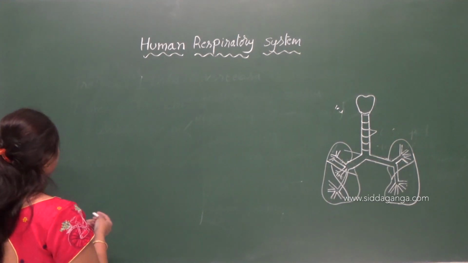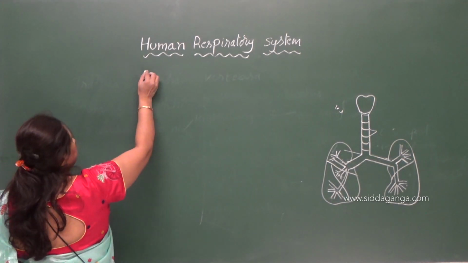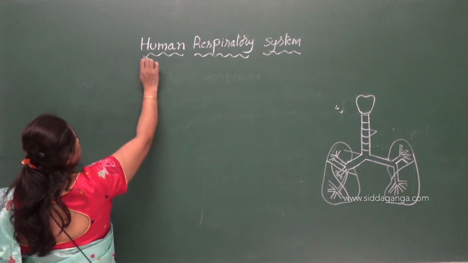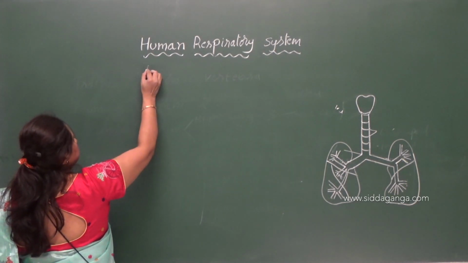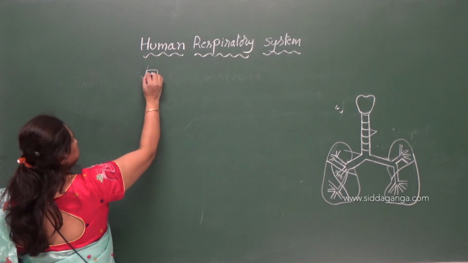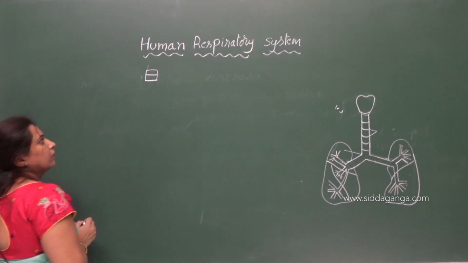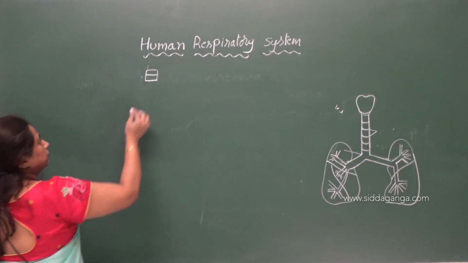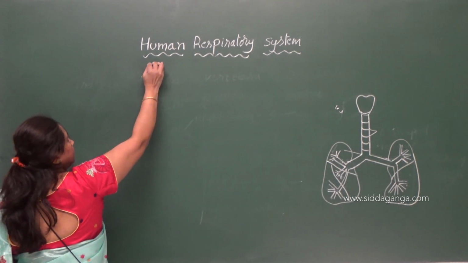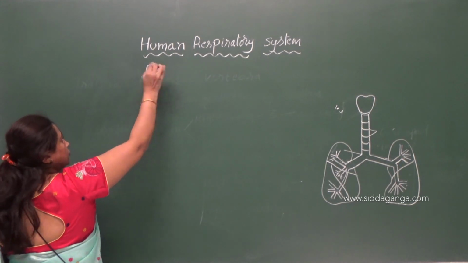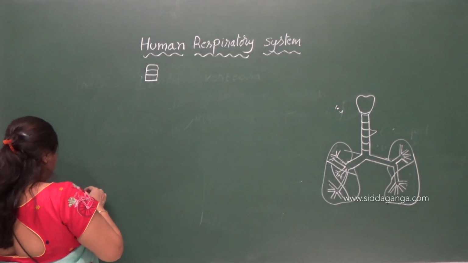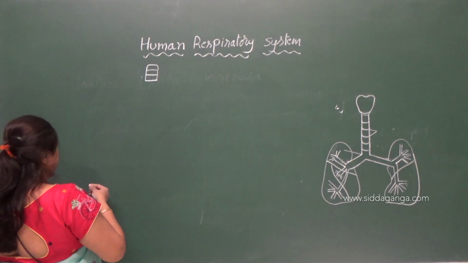See, so this is the trachea, the windpipe. Okay, now this trachea will divide into two branches, right?